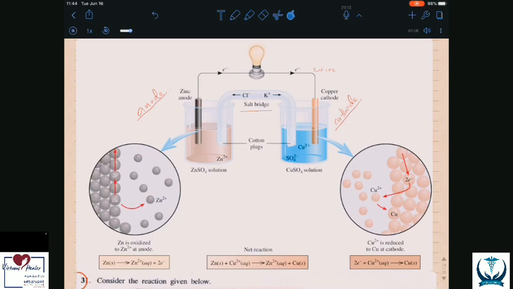So, therefore, zinc is the anode where oxidation occurs and electrons are released, which flow from zinc to tin.